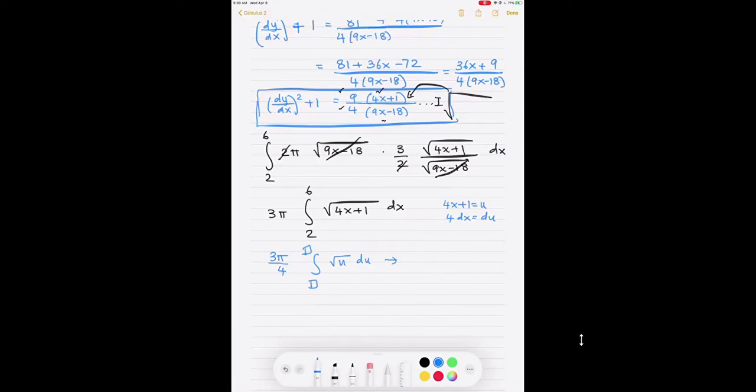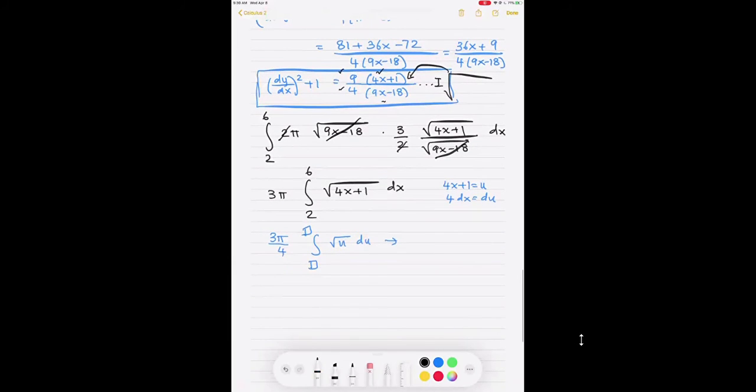Which means when I finish my integration, and I'm going to just jump a little ahead, when I integrate, I claim I get this 2/3 times 4x plus 1 to the 3/2 from 2 to 6. So I'm going to do that dot, dot, dot.